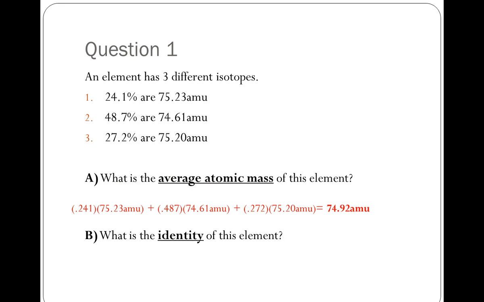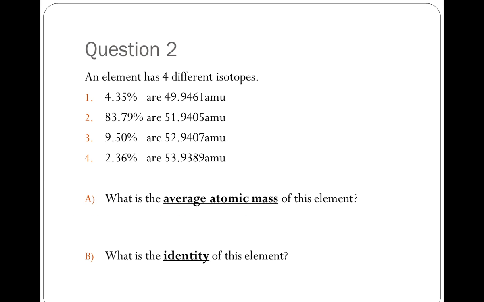Same idea again, just multiply the decimal with the corresponding mass, and you get 74.92 AMU. And to find the identity of the element, look for the average atomic mass in the periodic table, and you see that arsenic has an average atomic mass of 74.92.